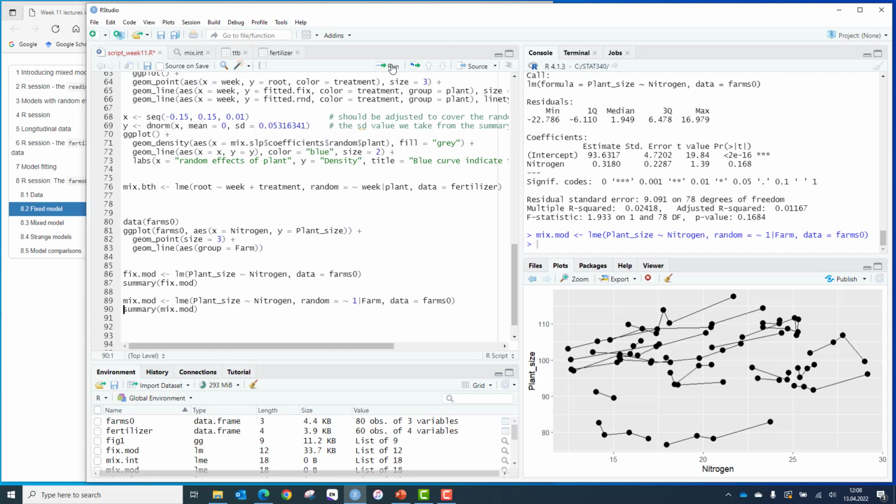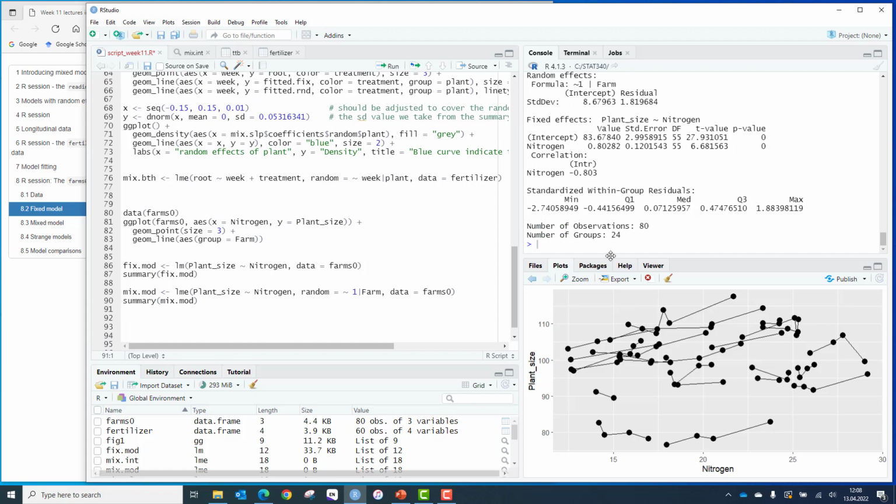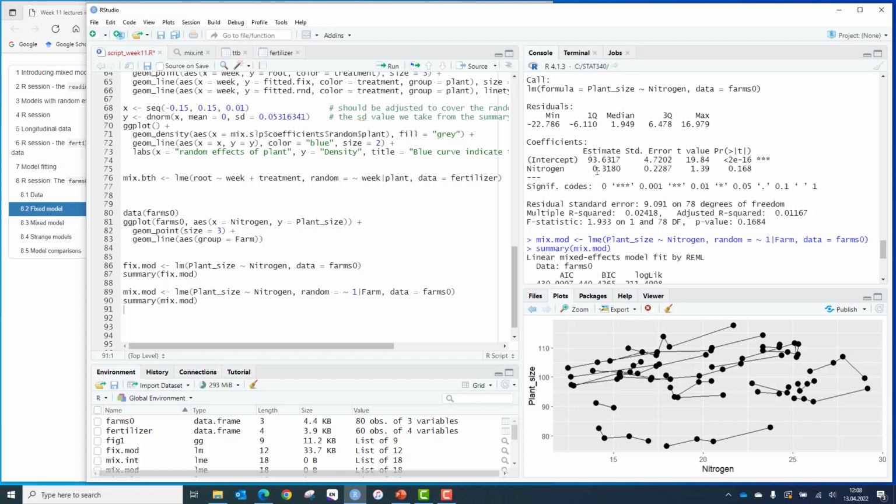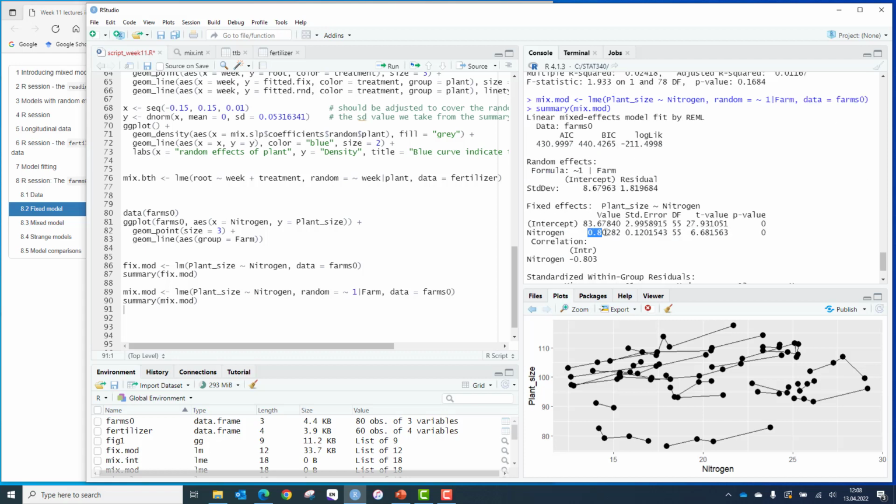And if we fit this one now, we can immediately see that the effect of nitrogen is, first of all, bigger than before, because here it was 0.3, now it's 0.8, and it's significant as ever, right?